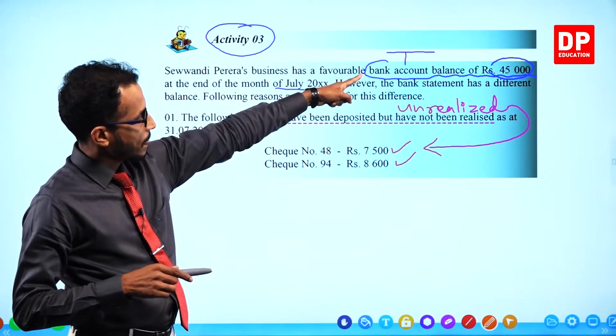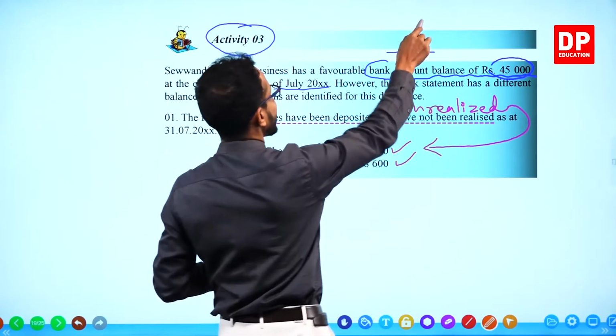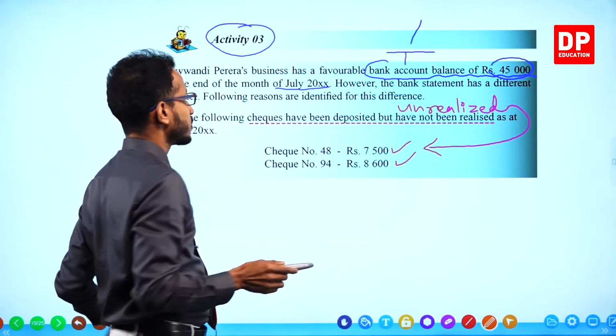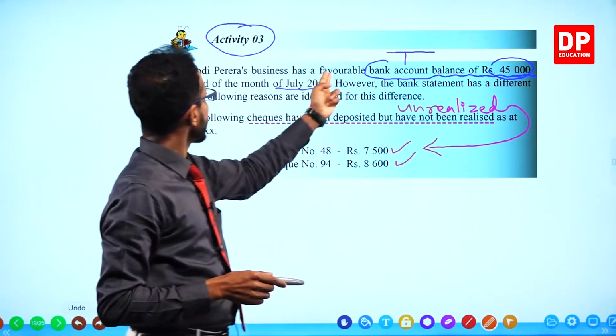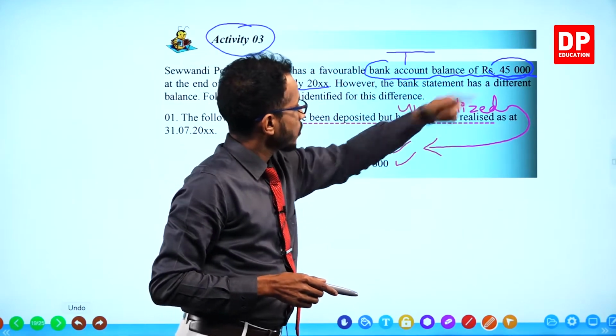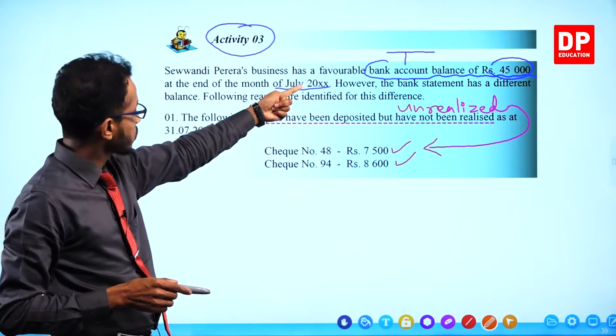See, I have even drawn the T account here, just to show you that that is the bank account balance. So the balance of Sewanthi Perera's business is 45,000 at the end of the month of July. That is the closing balance.